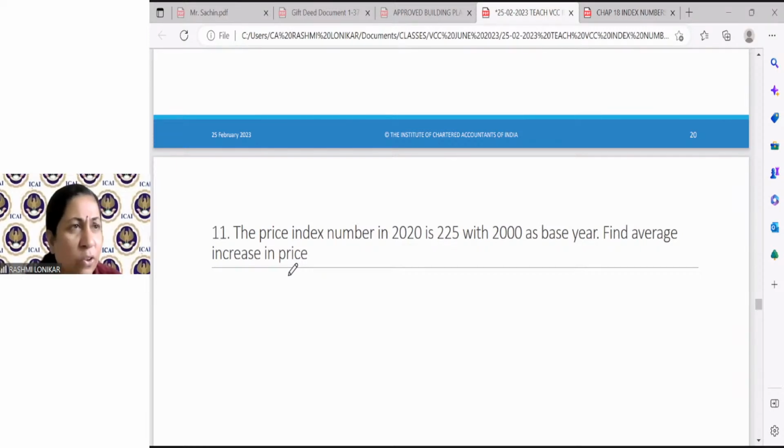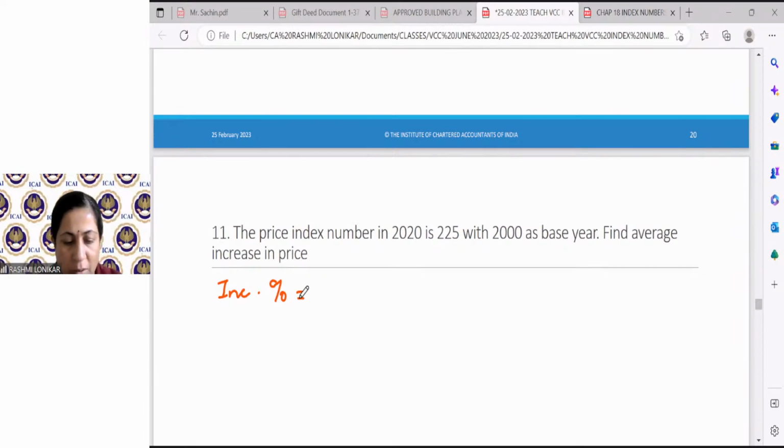They will give you. Don't worry about that. So, what will be the increase percentage? Yes. Quickly calculate. So 225 minus 100.